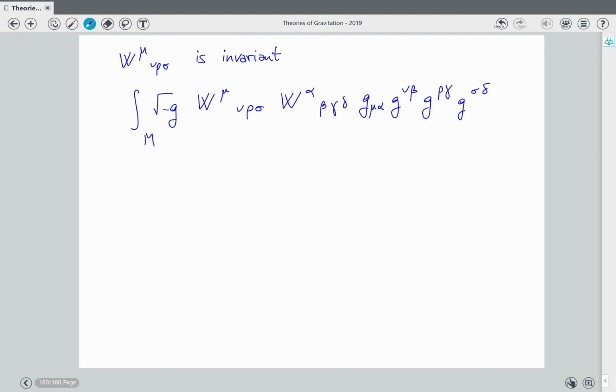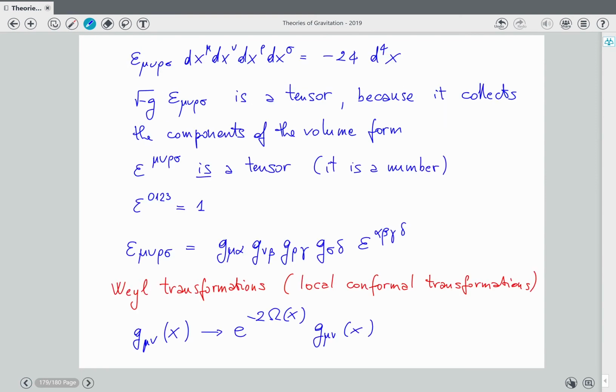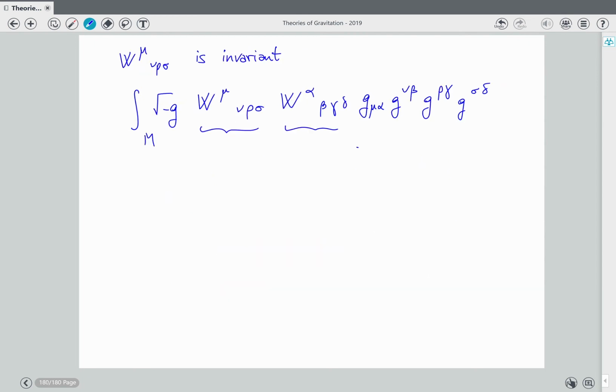And then this is invariant. Why? Because this is invariant, these two are invariant. The metric takes e to the minus 2 omega. So this takes e to the minus 2 omega. Those are inverse matrices, so they take this factor, each, because they are the inverse of the metric.